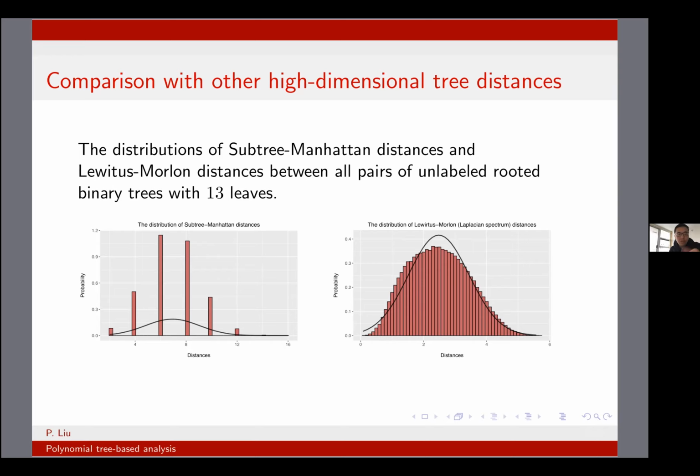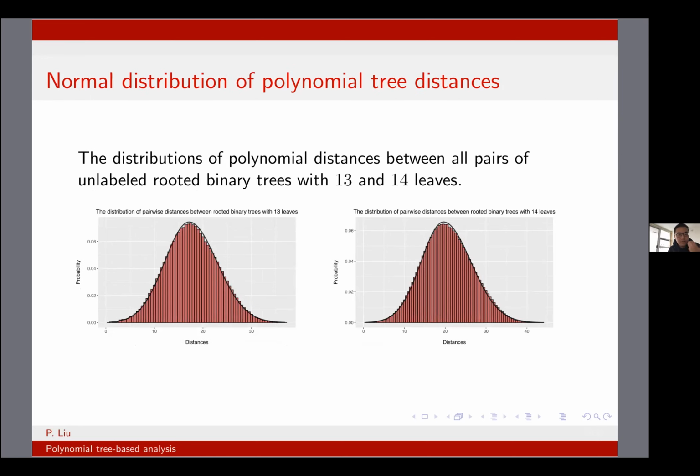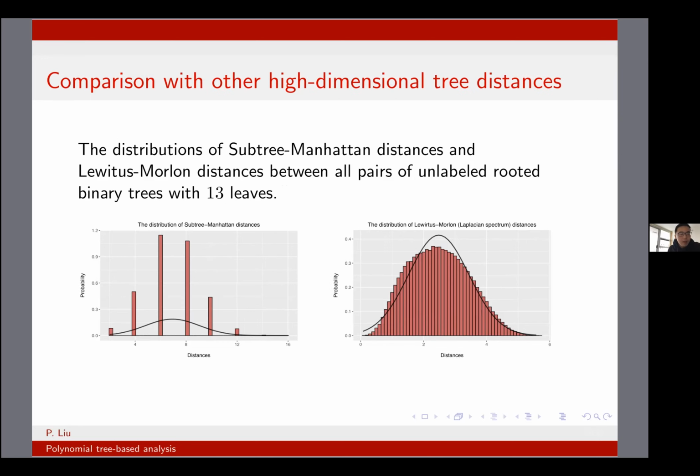That gives a sort of good distribution, but it is not so good. It is not a normal distribution. But for the polynomial metric that we defined, it's a perfect normal distribution, which is a good thing to know. And we'll see how we can use these normal distributions.